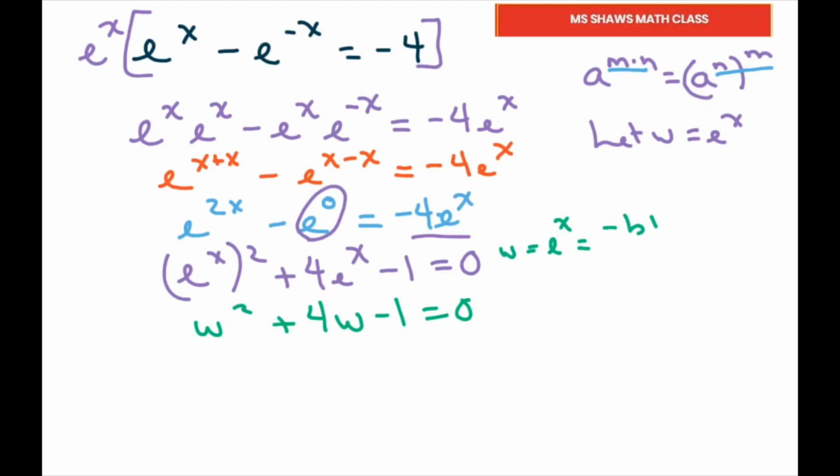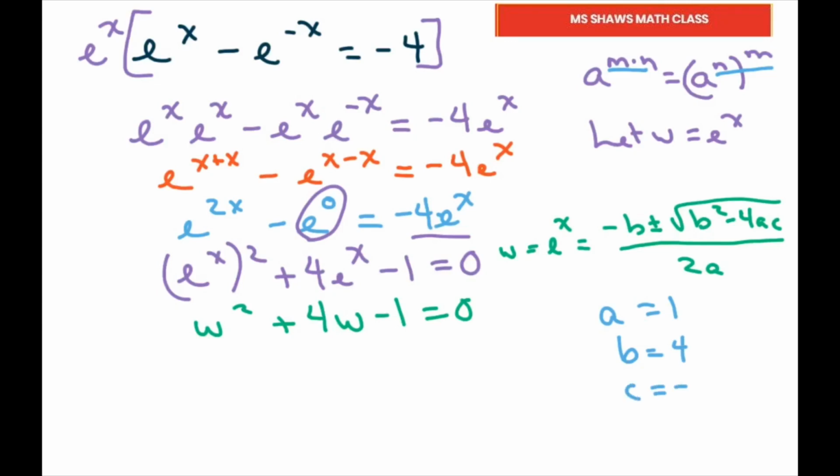negative b plus or minus square root of b squared minus 4ac, all divided by 2a, because we have to use the quadratic formula. So a is 1, b is 4, and c is negative 1.